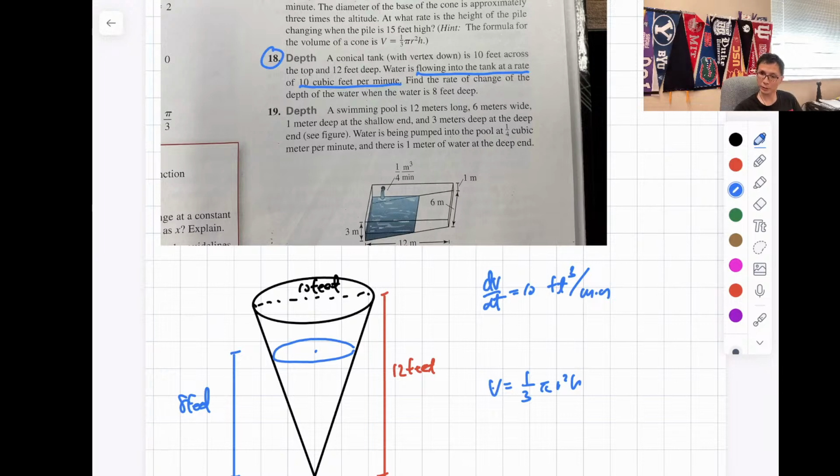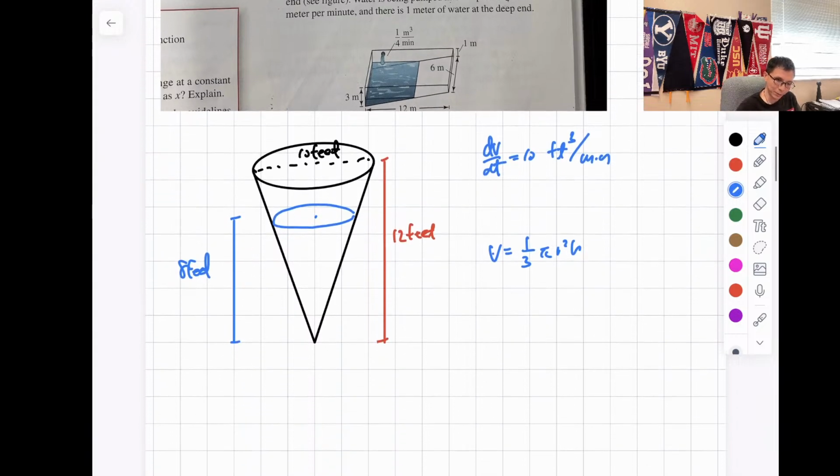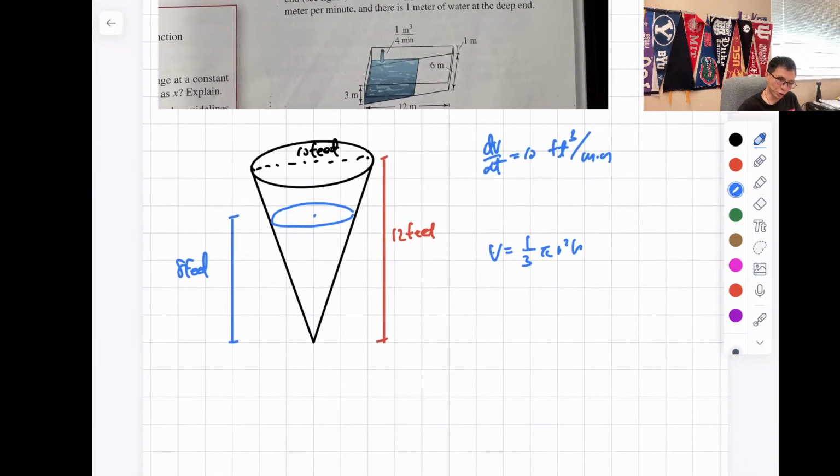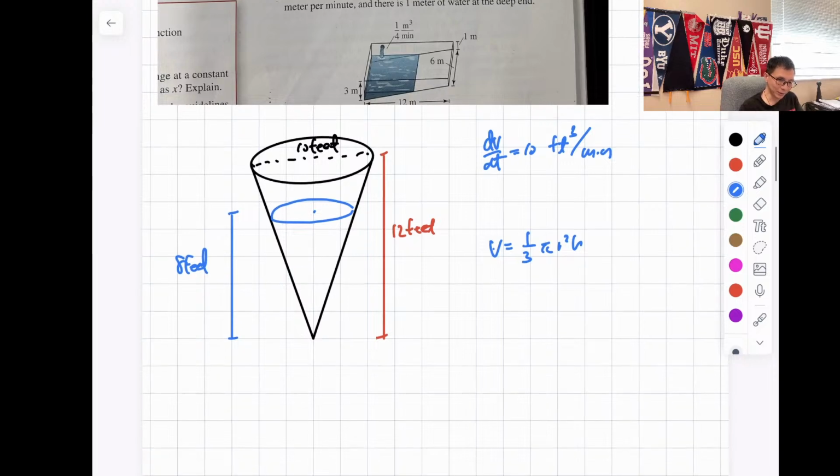We almost ran out of time, so I'm going to speed run this. The problem is if I take a derivative here, I'm going to get a product rule, and product rule is no good, no bueno. Why?